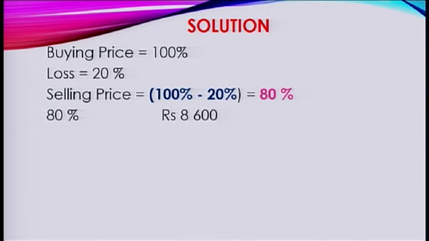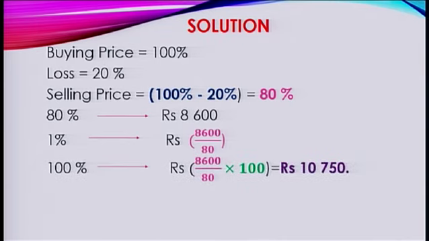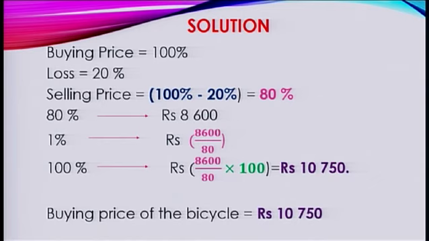Now 80% represents 8,600. So what do we need to do? Well, we always go back to 1%. 1% will be 8,600 divided by 80. And to calculate for 100%, you take 8,600 divided by 80 times 100, which gives you 10,750. So the buying price of the bicycle is 10,750 rupees.